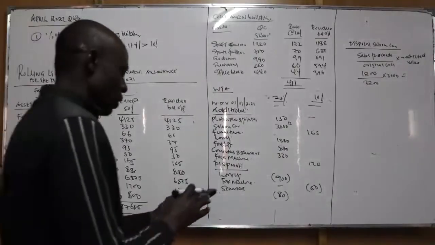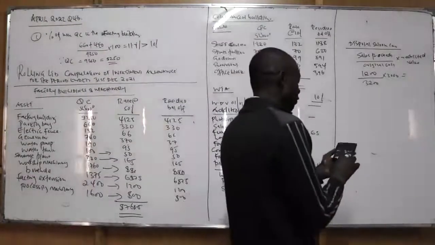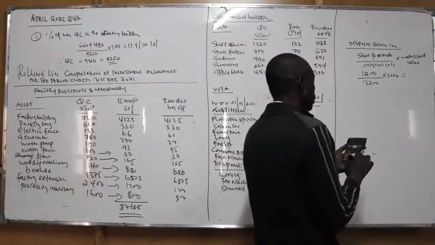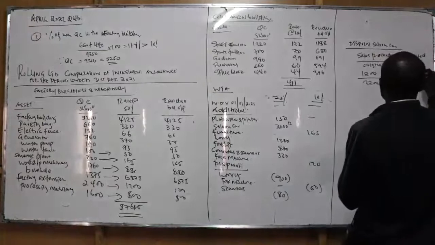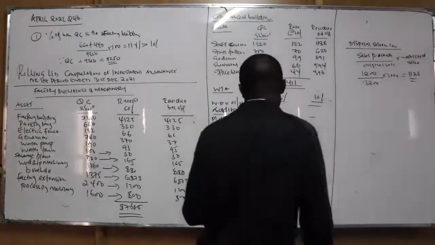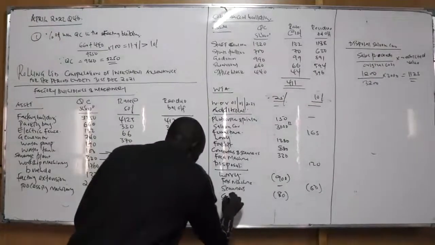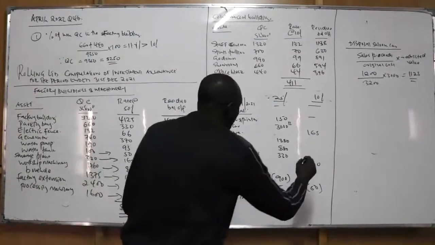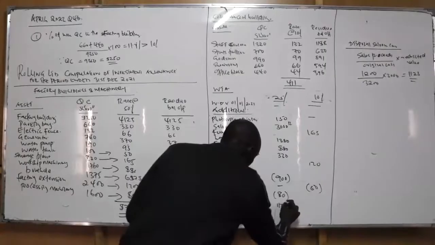These values are in thousands. So 1,200 divided by 3,200, multiplied by 3,000. The value you get here is 1125. So we come here and deduct saloon car, 1125, under this category.